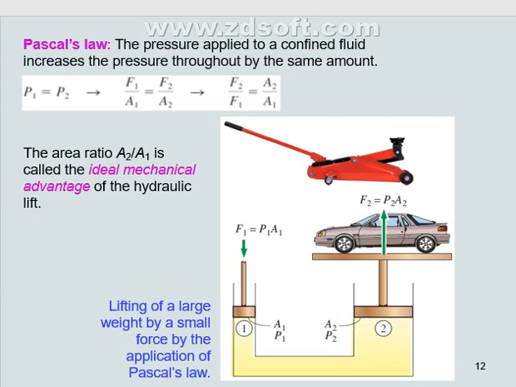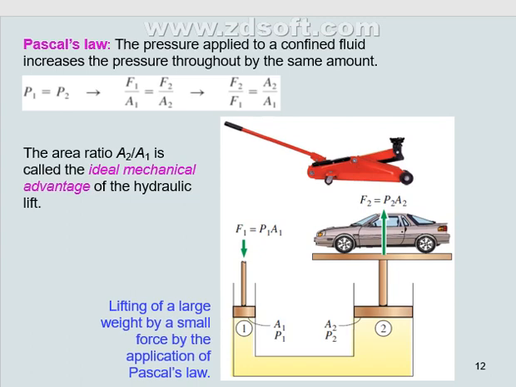What about Pascal's law? We need to know how the pressure is distributed inside a confined liquid. We have two kinds of systems, as we discussed in chapter 1: a closed system and an open system. Let's say we have a closed system with confined liquid inside.